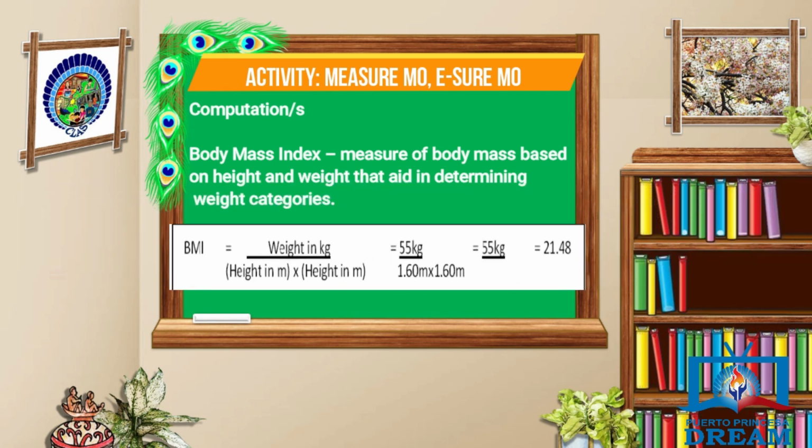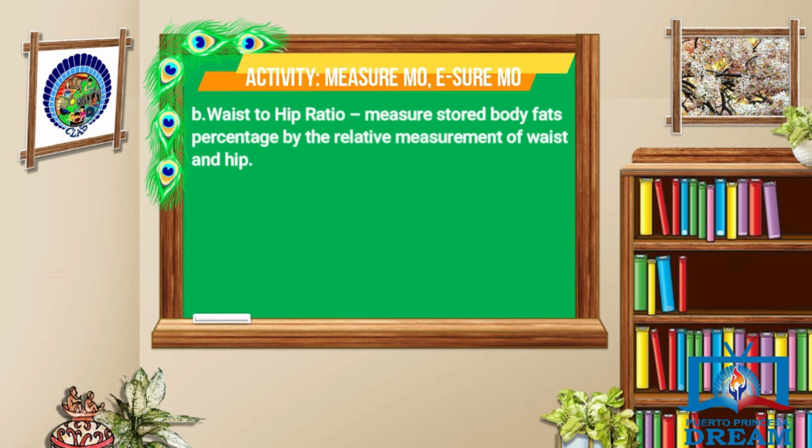BMI equals weight in kilograms divided by height in meters times height in meters, equals 55 kilograms divided by 1.60 meters times 1.60 meters, and that is equal to 21.48. That is your BMI or body mass index.